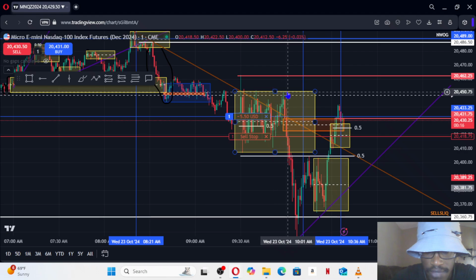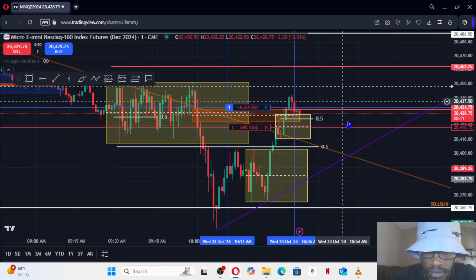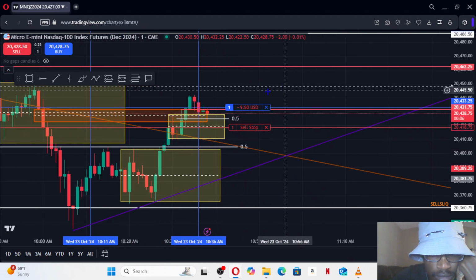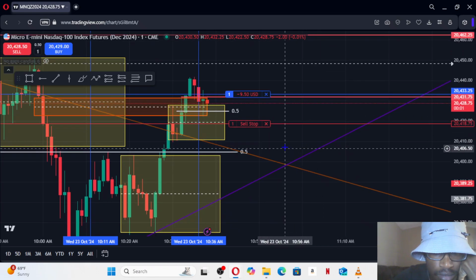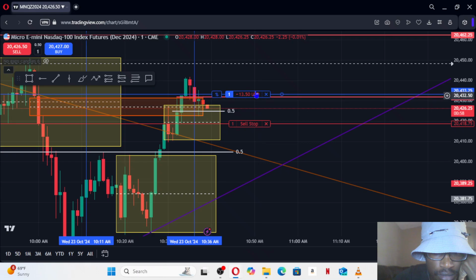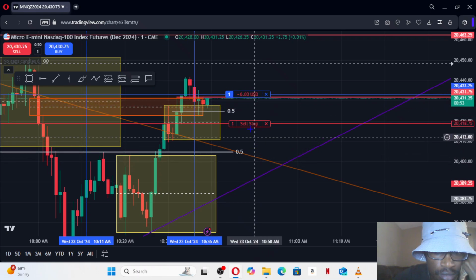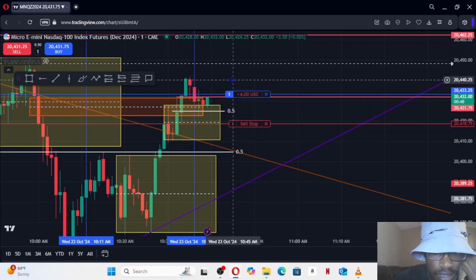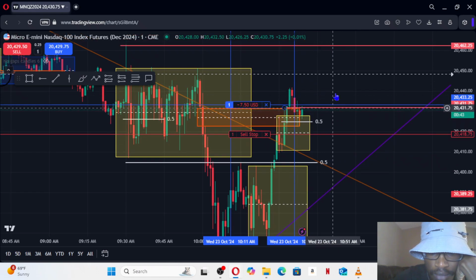I want these highs taken for real. This candle's gonna have to close up for me to stay in this. Close bullish above that bearish candle is what I really mean when I say that.